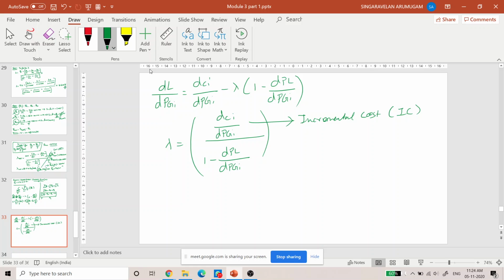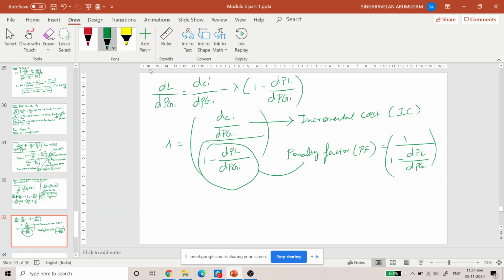And in general, we call the penalty factor, PF, nothing but 1 divided by 1 minus dPL divided by dPgi. So this is called the penalty factor. So we know what is IC and we know the penalty factor. So this is the incremental cost and this is the penalty factor.